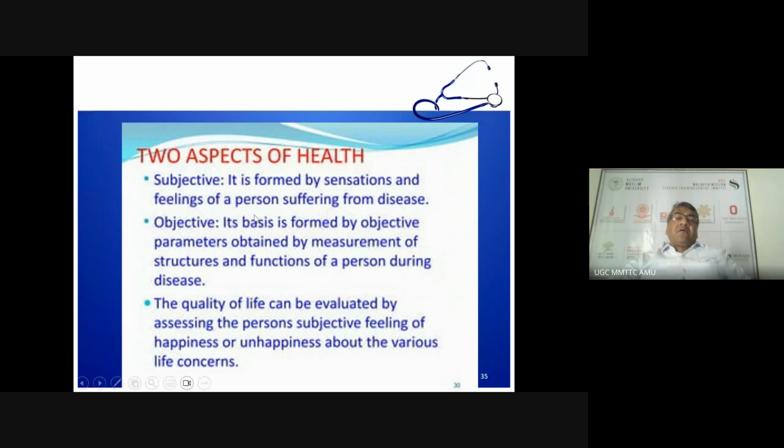Now, the concept of health can be subjective. It is formed by the sensations and feelings of a person suffering from disease.